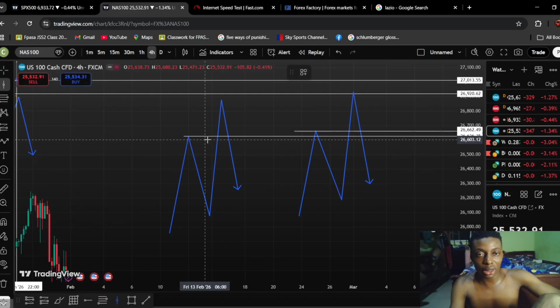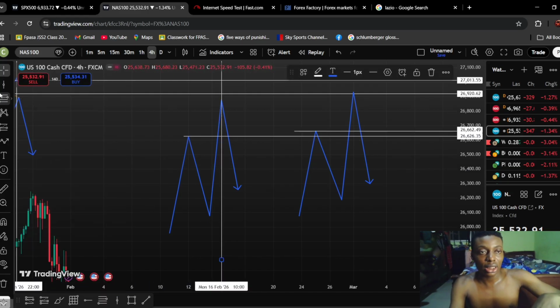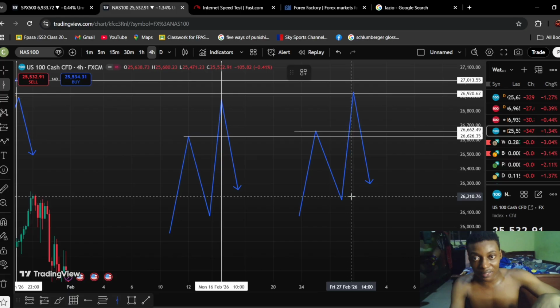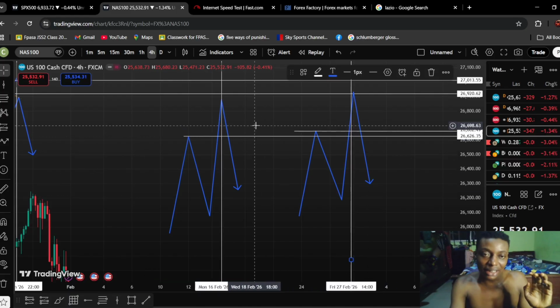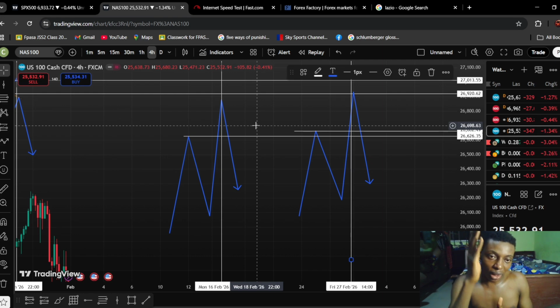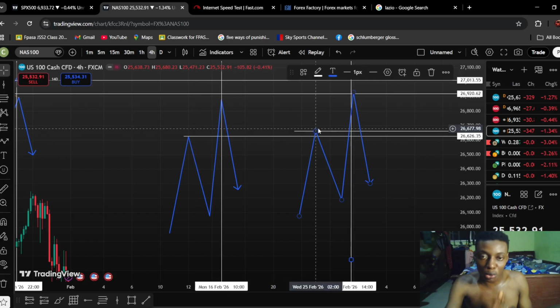As I said, I'm going to mark out 9:30, this vertical line, I'm assuming it as 9:30. So let's say we ended up sweeping this high on both pairs.